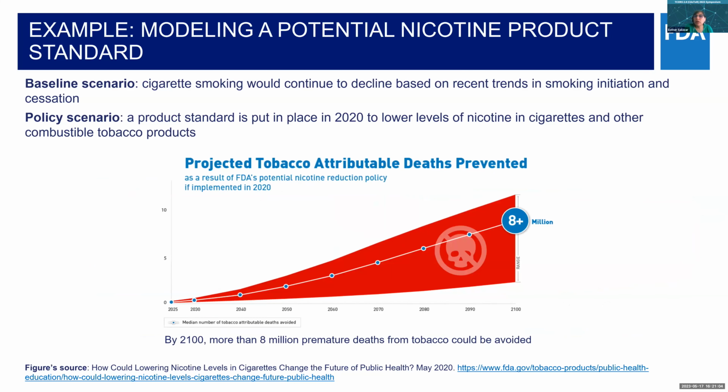Also by year 2100, more than 8 million tobacco-attributable deaths could be avoided. Please note that those model estimates are based on an analysis that considers an initial population as well as tobacco use prevalence from year 2015. Therefore, by updating input data to account for recent changes in prevalence and tobacco use behaviors, we can get different results.